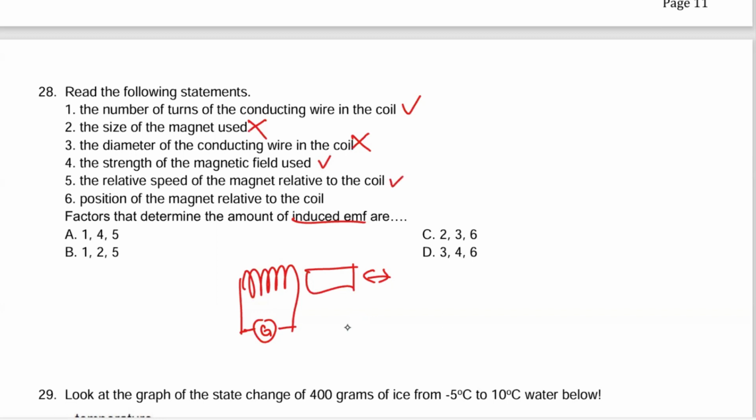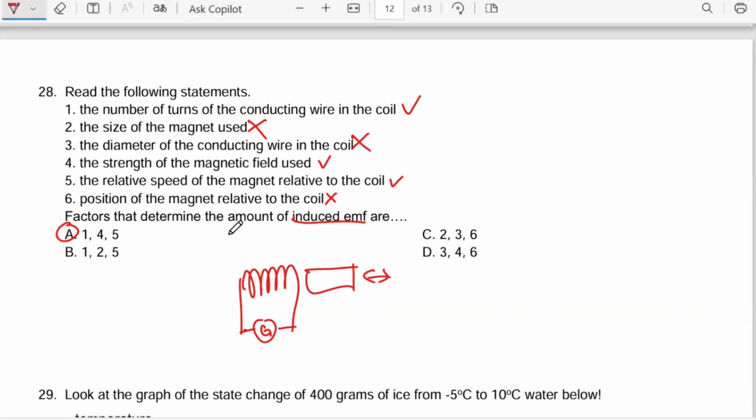The relative speed is actually how fast you move it. The faster you move it, the bigger the induced EMF that will be produced. The position, no. It only affects the polarity, the direction of the current, not the magnitude of the induced EMF that will be produced. So the answer is 1, 4, and 5.